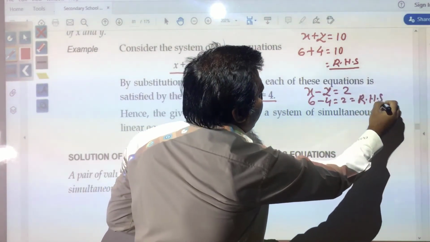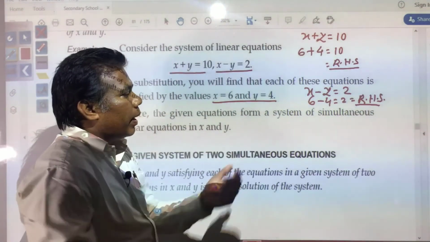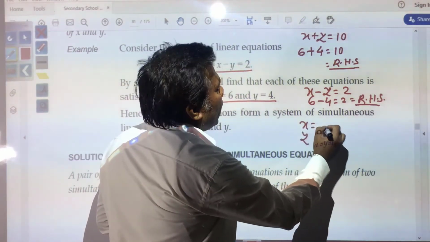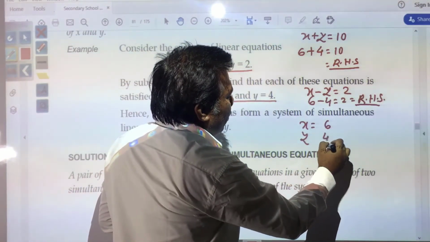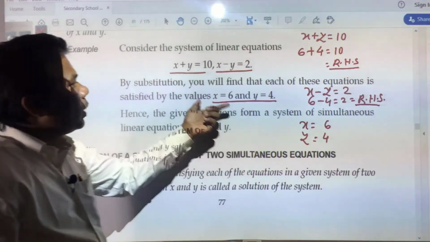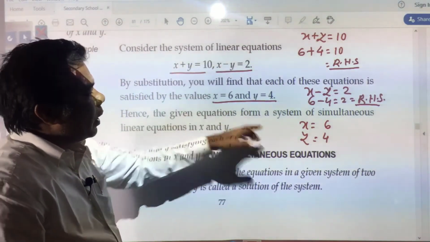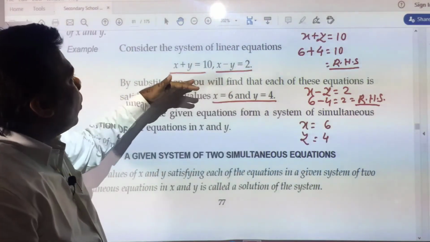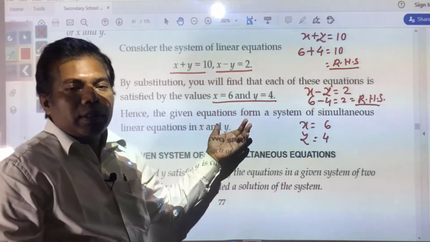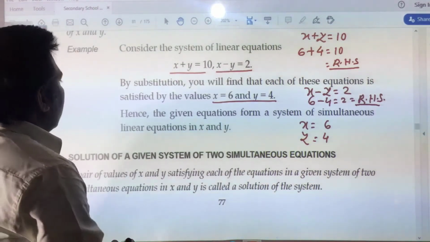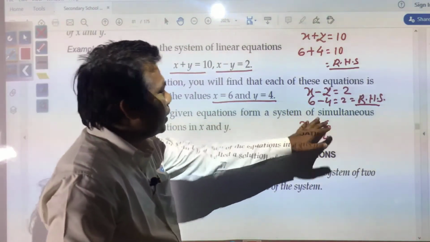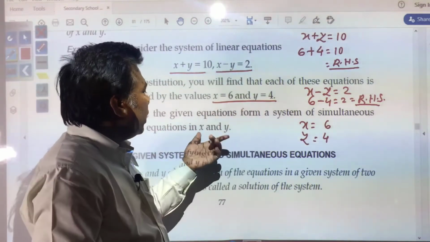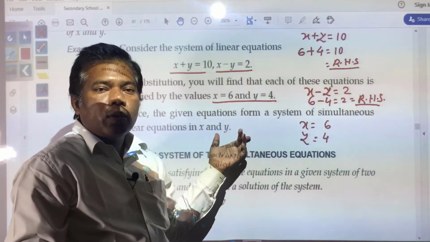So both the equations are satisfied by x is equal to 6 and y is equal to 4. So these will be called simultaneous linear equations. Hence the given equations form a system of simultaneous linear equations in x and y, in two variables.